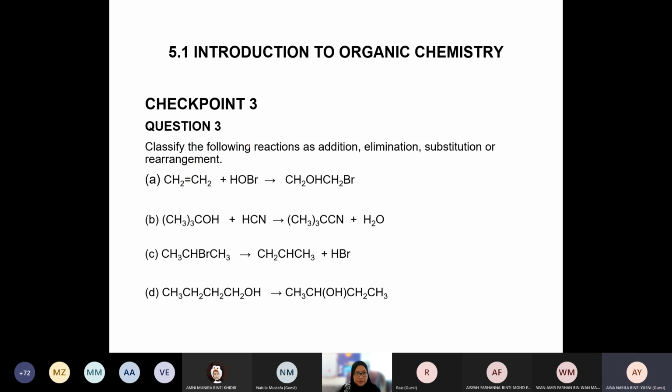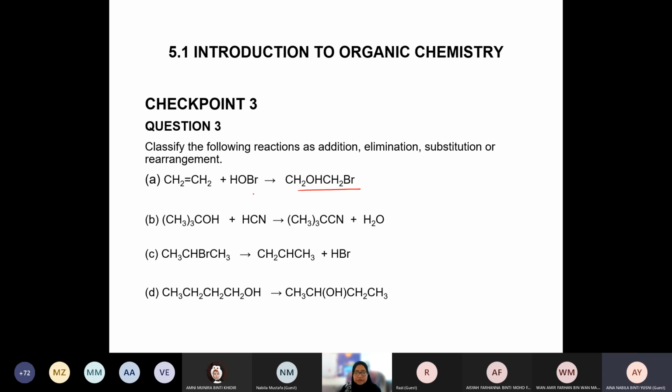Okay, moving on. The last question, I believe. Classify the following reaction as addition, elimination, substitution, or rearrangement. All right. So we have a double bond there, and then we have HOBr, and as you can see, we only have one product produced.